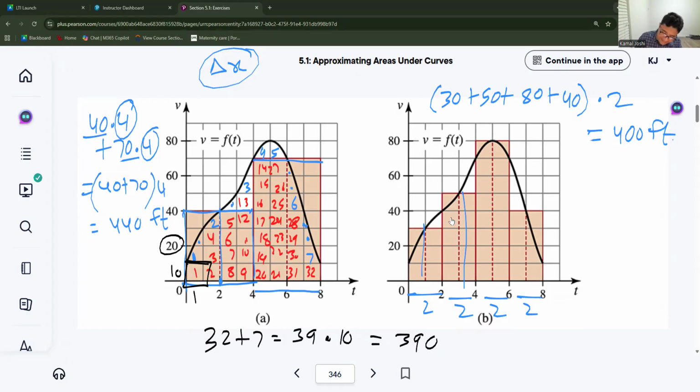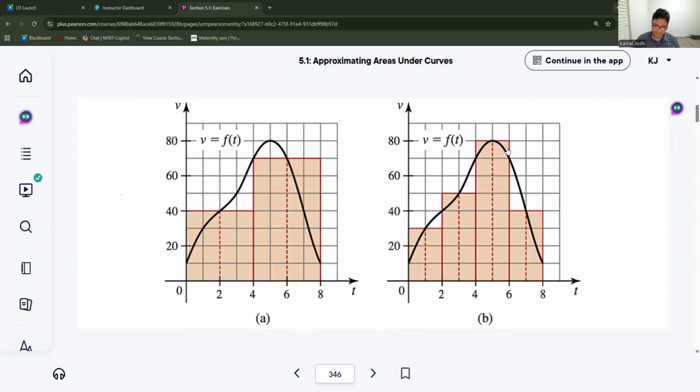So 390 feet is a very good approximation of the actual area under the curve, the actual distance traveled. And 400 is closer to 390 than 440. So in a way, we see that increasing the number of rectangles gives you a better approximation.